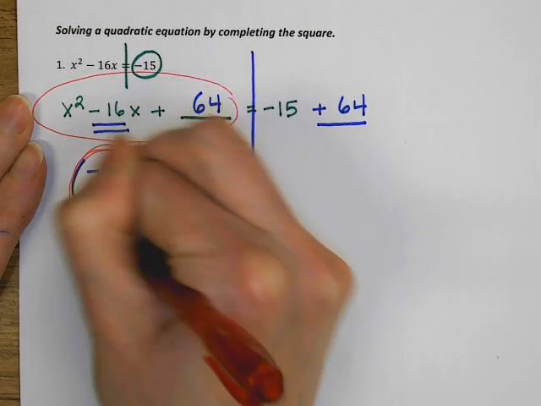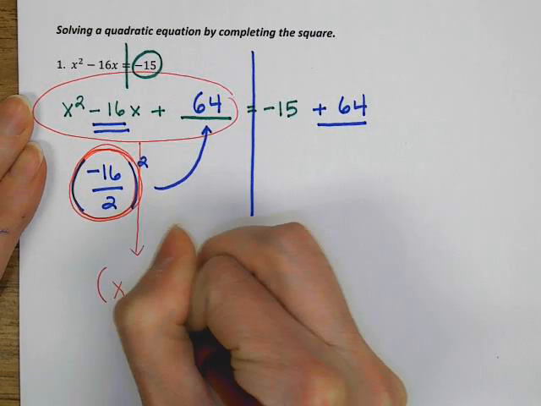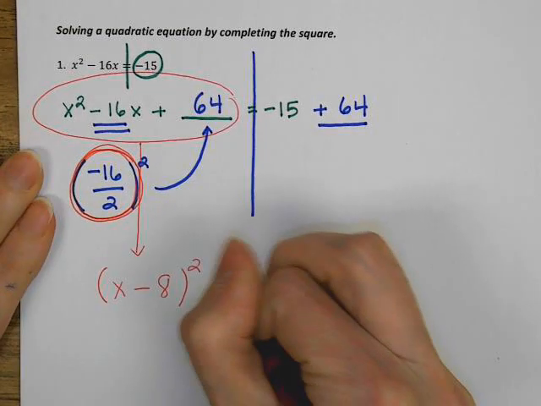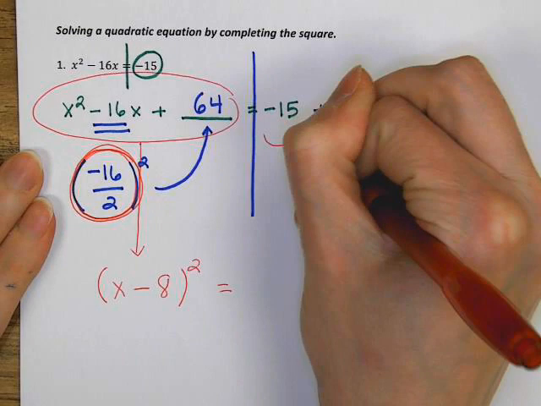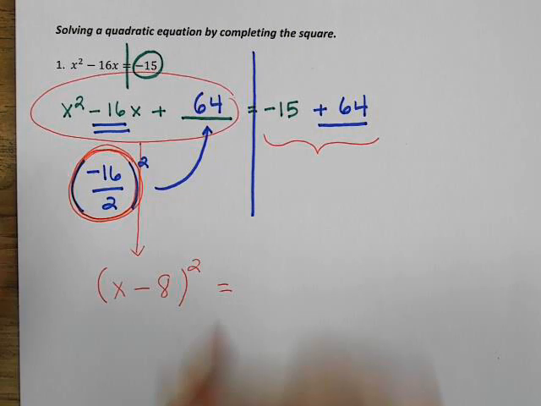So just this part, negative 16 divided by 2 is negative 8 squared. You're going to write it as the perfect square. Okay, now on the right-hand side of the wall, let's go ahead and just add these together. Negative 15 plus 64 is 49.